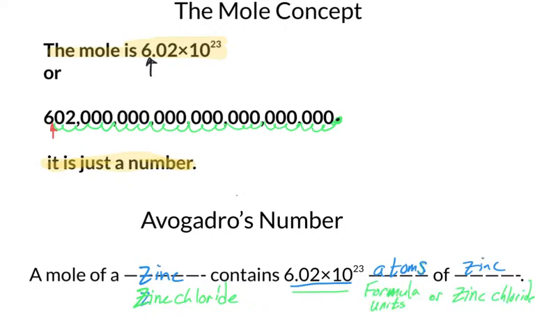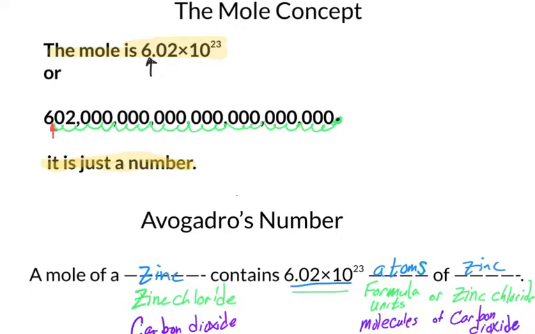A mole of carbon dioxide contains 6.02 times 10 to the 23rd molecules of carbon dioxide. A mole of silver ions contains 6.02 times 10 to the 23rd ions of silver. And of course, a mole of eggs contains 6.02 times 10 to the 23rd eggs.